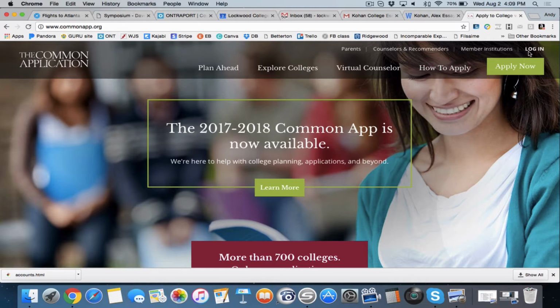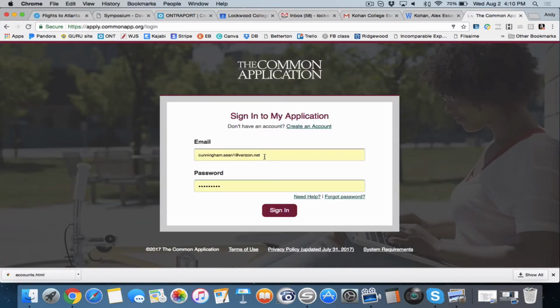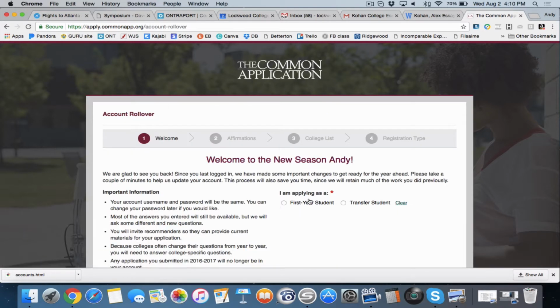So I'm going to hit login, although I don't think that I have created an account yet. So I'm going to do this because I did this last year, so they're asking me to roll over the account.